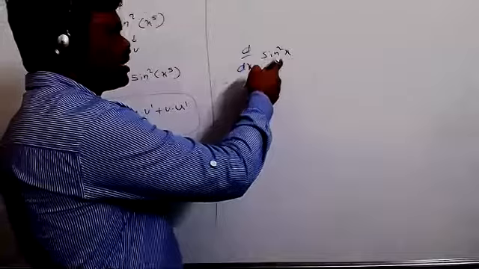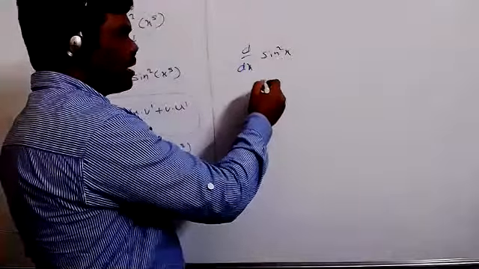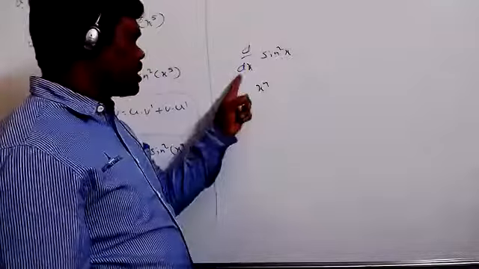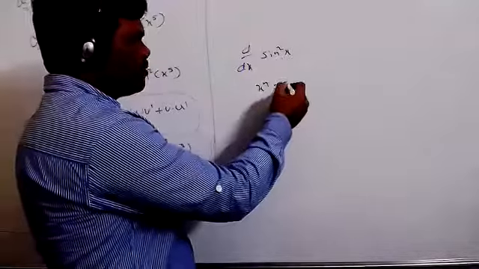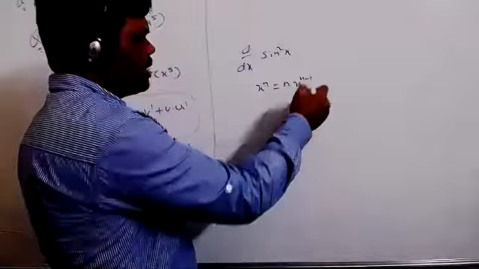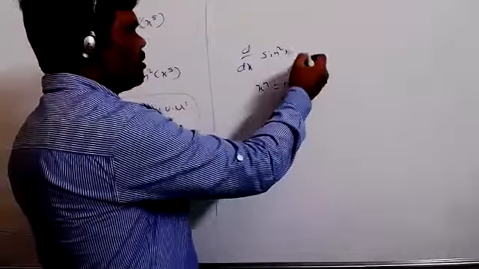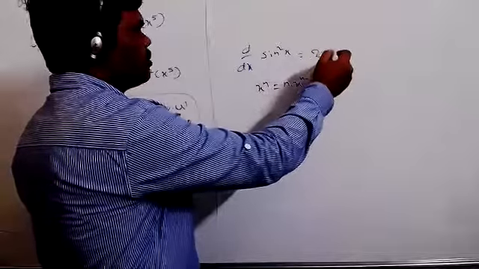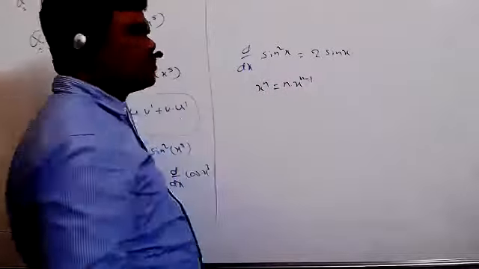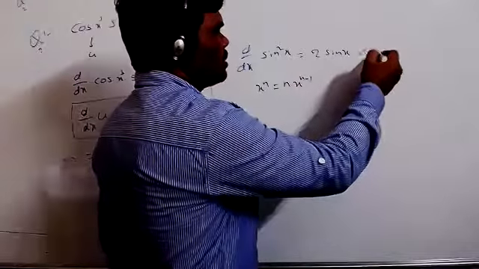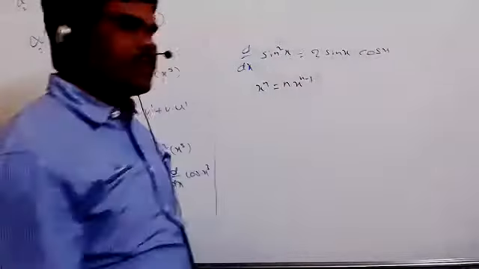Sin square x is like x power n, and the differentiation of x power n equals n into x power n minus 1. The same way here: 2 sin x into, again, differentiation of sin x equal to cos x. This is the answer.